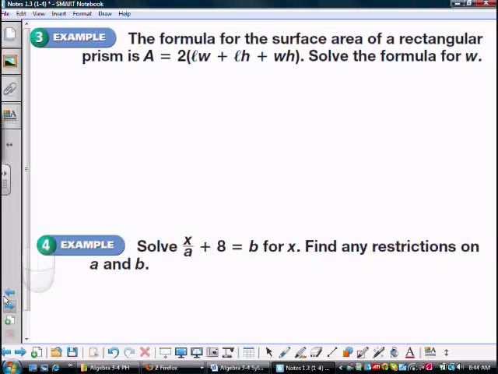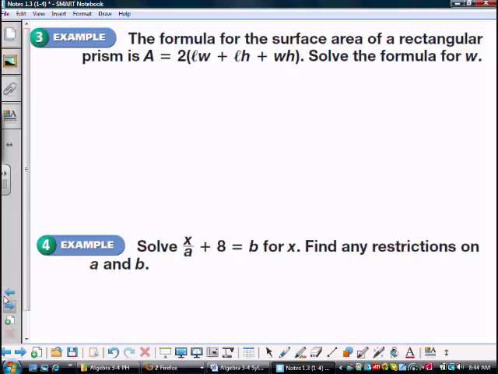Formula for the surface area of a rectangular prism. What's a rectangular prism? A box. Yeah. So surface area of a box would be the area of all 6 sides of a box. Is that formula. Solve the formula for W. Yeah.